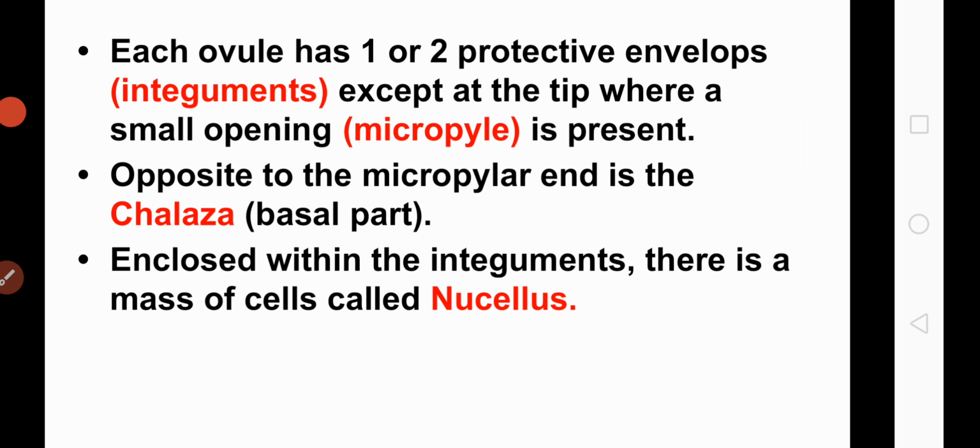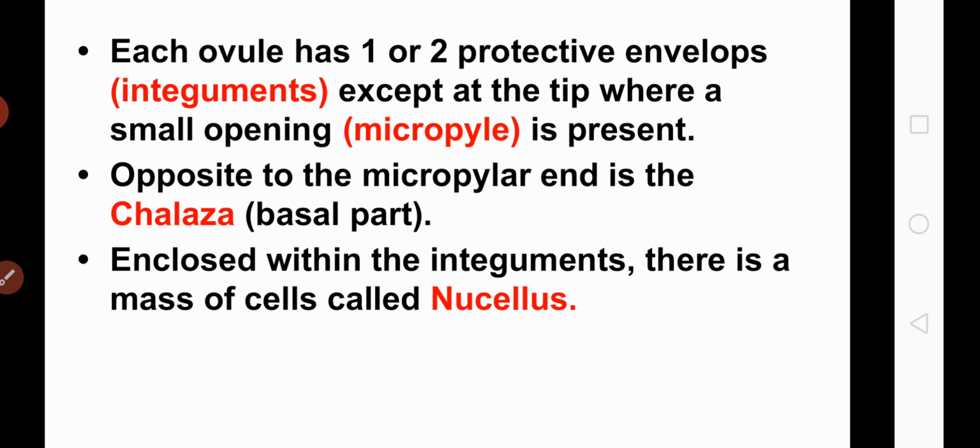Now each ovule has one or two protective envelopes which are referred to as integuments, except at the tip where a small opening called the micropyle is present. Opposite to the micropylar end is the chalaza, which is the basal part.